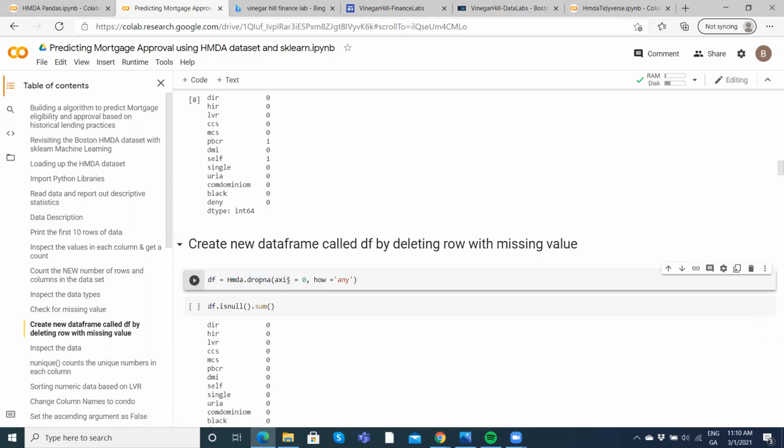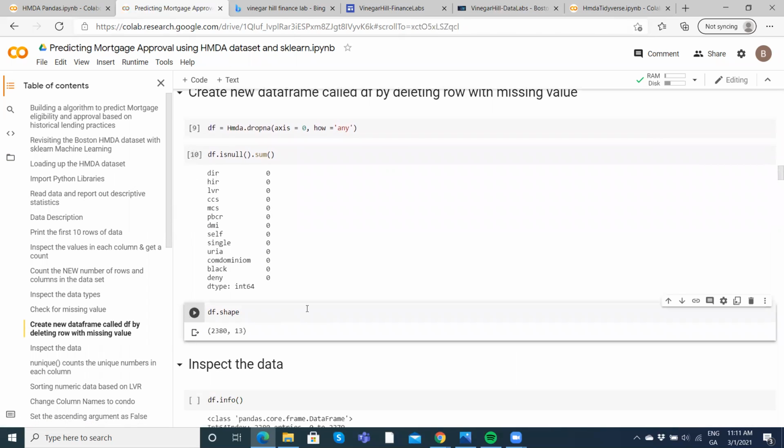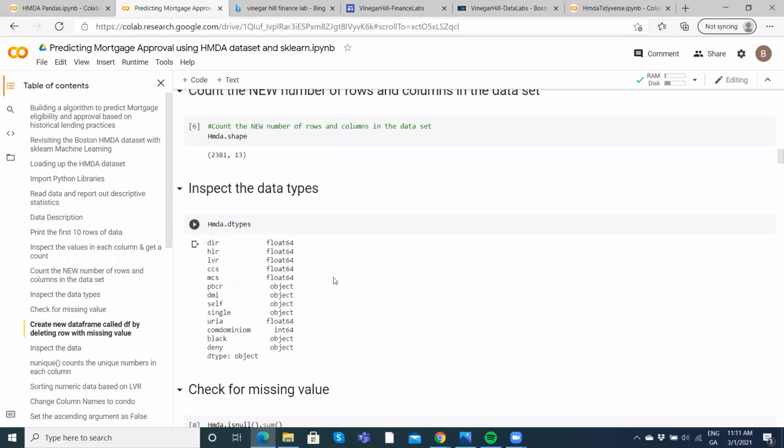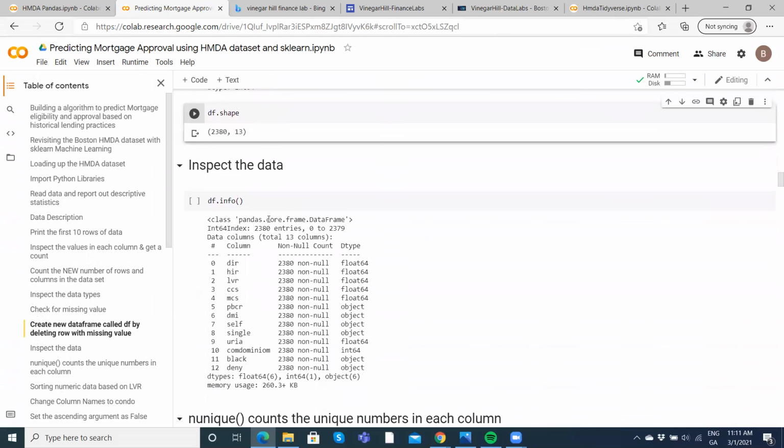So the rows that have missing cells, we can drop, and if we run again to see what missing values we have now, you can see we've purged those. We can take a look at the shape now. We've only removed 1 row, so we're still left with 2,380. Originally, it's worth noting, we had 2,381. So we basically eliminated the last row.